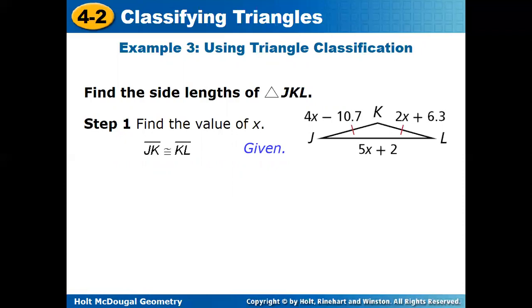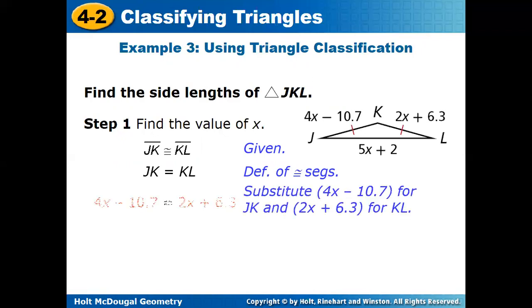Then, we can substitute. We know that the length of JK is 4x minus 10.7, and the length of KL is 2x plus 6.3. By the definition of congruent segments, the length of each side is the same.